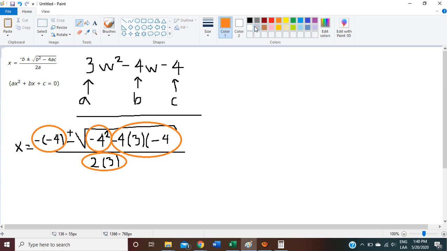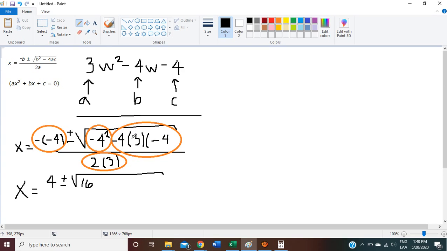Let's rewrite it again. X equals negative times negative equals positive, so the negative 4 is now a positive 4. Plus or minus, we open the square root. Minus 4 times minus 4 equals 16, because negative times negative equals positive.